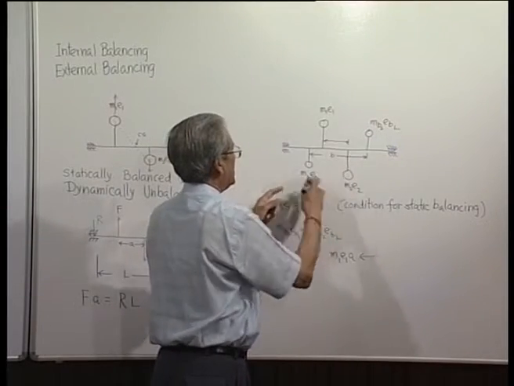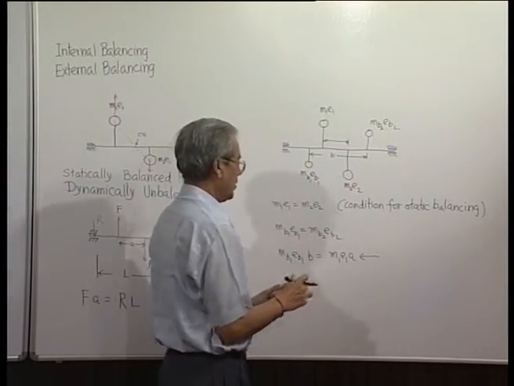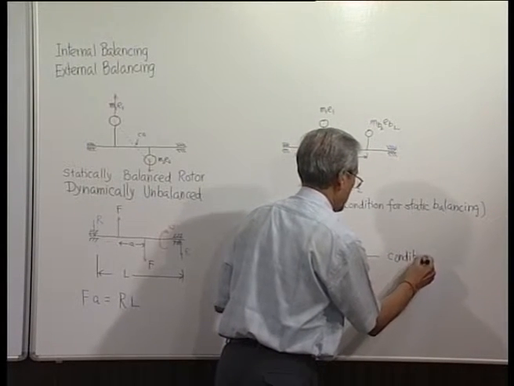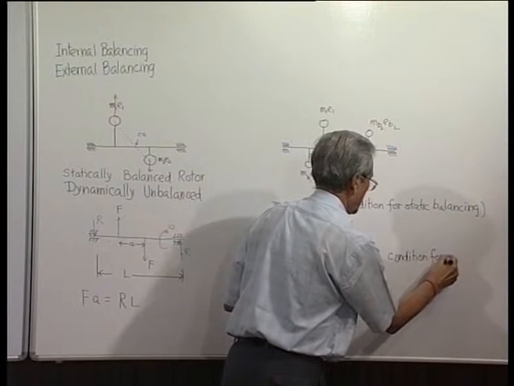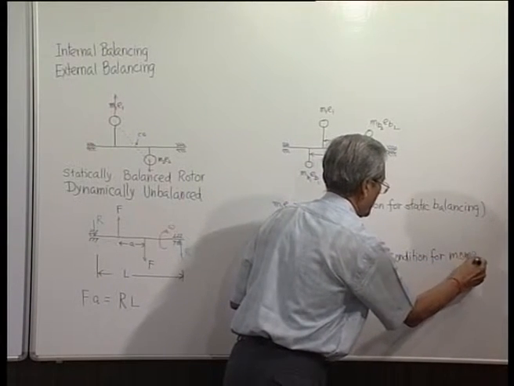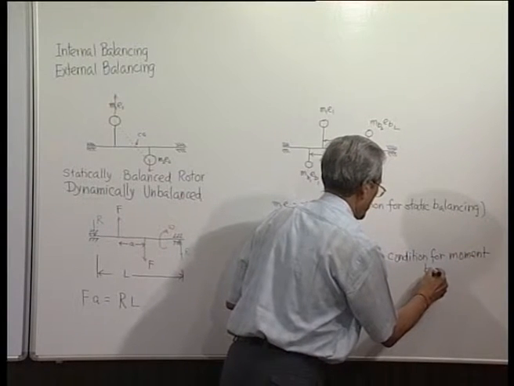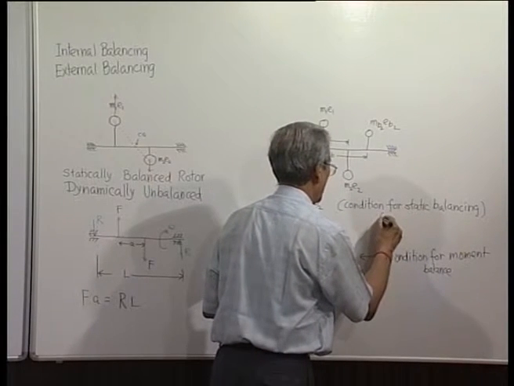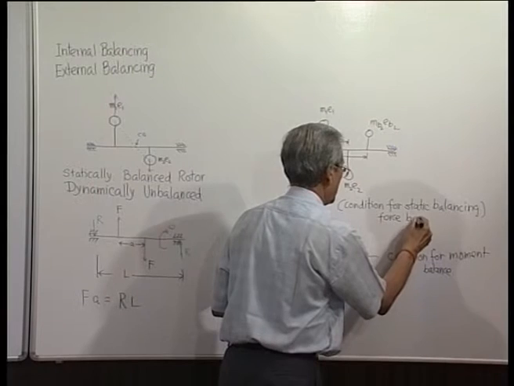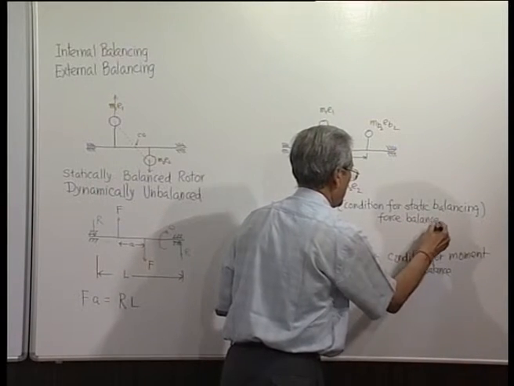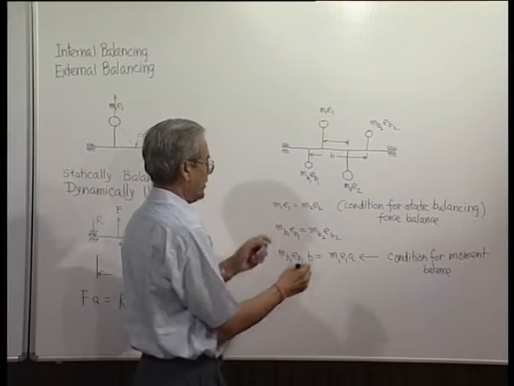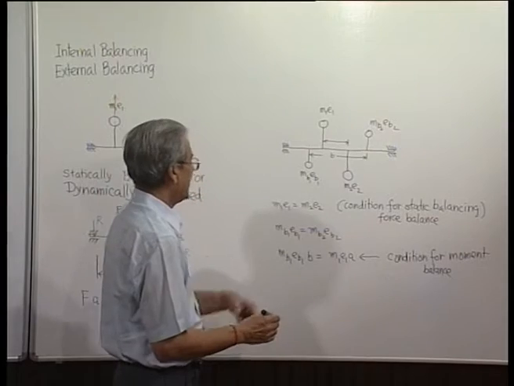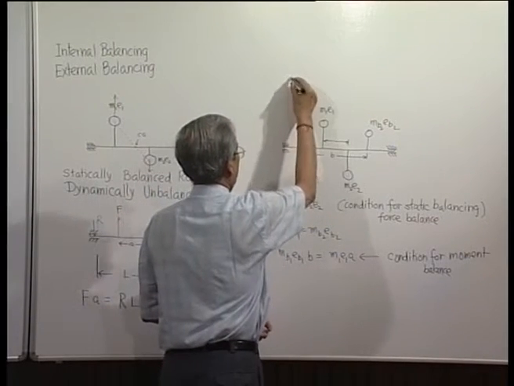So, the resultant moment and resultant force both should be 0. So, this is the condition for dynamic balancing. This is condition for static balancing or simply force balance. So, when both the conditions are satisfied, condition for force balance and condition for moment balance, then the system is dynamically balanced.